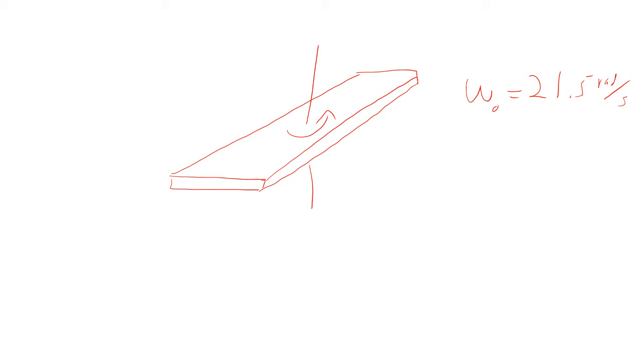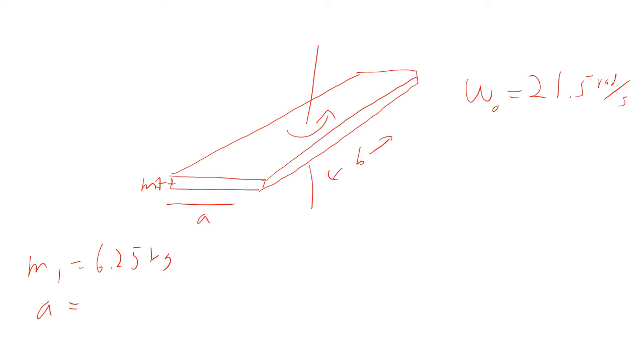Let's call this object 1, and mass 1 is going to be equal to 6.25 kilograms. This is M1, and we have dimension A and dimension B.